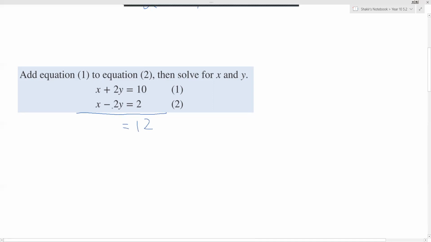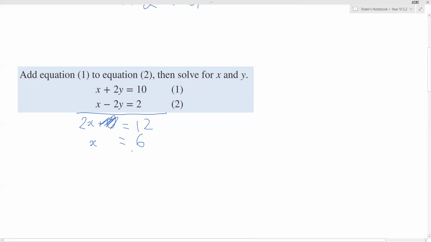Plus 2y minus 2y, if you add these together, you get 0. And x plus x gives you 2x. We don't really have to write the plus 0, it doesn't contribute anything. And therefore, you divide every term on both sides by 2 to give us x equals 6.